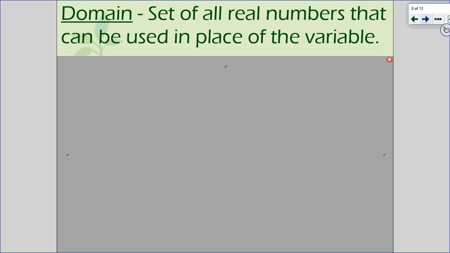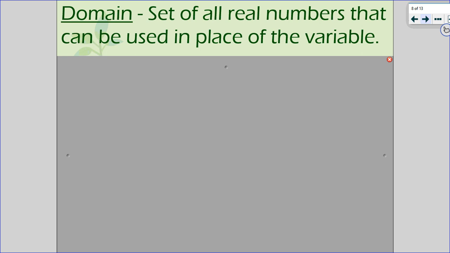All right. So that brings us to a huge algebra concept, one that's developed a lot more fully in Algebra 2, but we do introduce it here. The concept of domain. Domain is all the numbers that can be used in place of a variable.